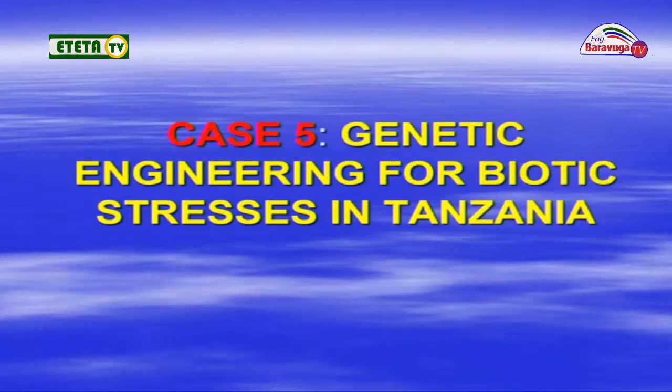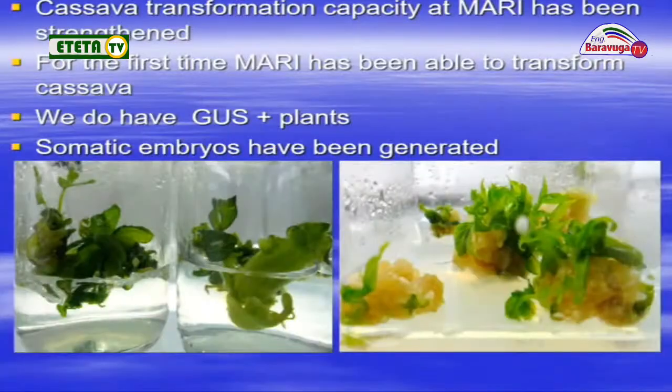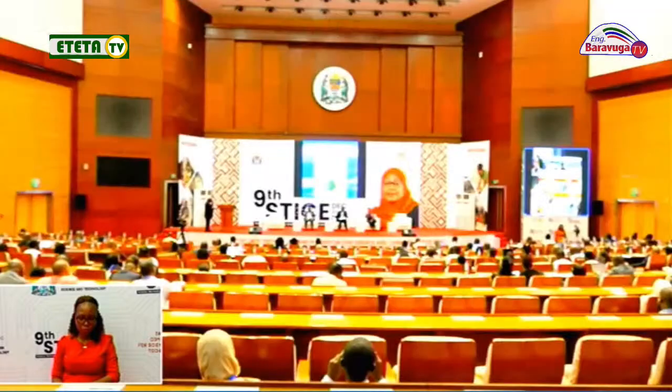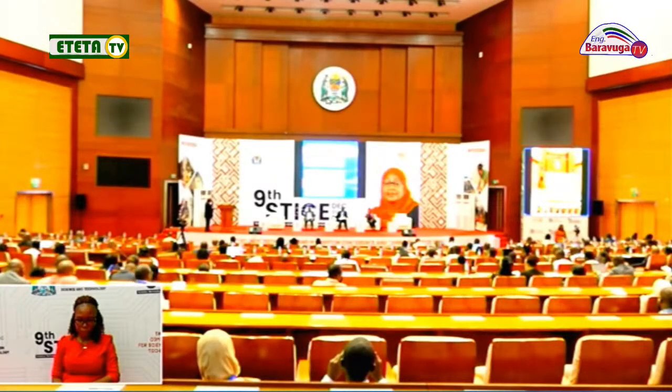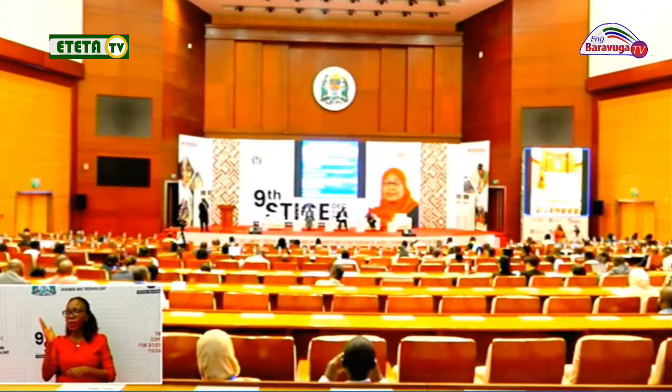We also set up a genetic engineering lab at Mikocheni, and we used this technology to transform cassava for disease resistance, and it was done by ourselves. So those who say if you are doing genetic engineering, we will depend on wazungus, it's not true. We can do it ourselves.